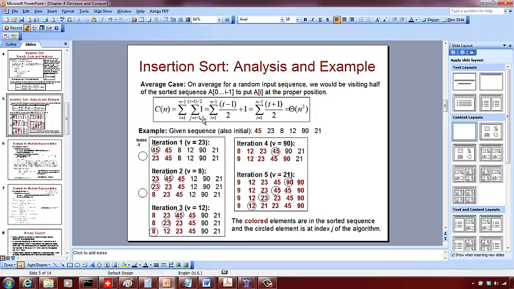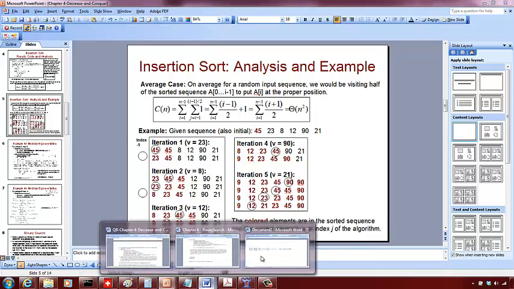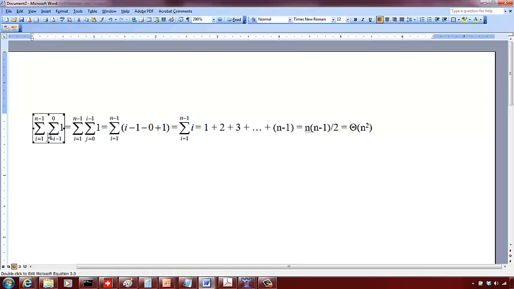So again we could rearrange this, the lower limit to be i minus 1 over 2, and this is i minus 1, and that really boils down to something like this. So let me rewrite it over here.